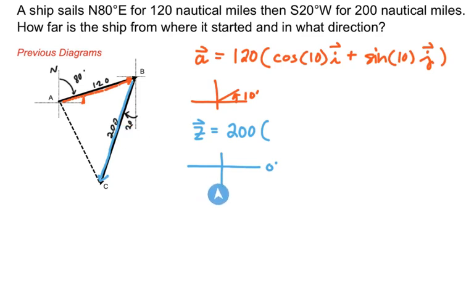That's a little bit off of this 270 to the left. Specifically, we've moved 20 degrees. So the angle rotation we would need to use would be 250, and we would have cosine of 250 i plus sine of 250 j.